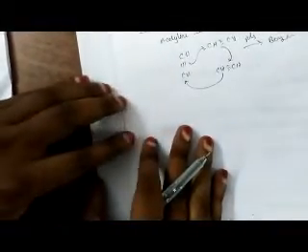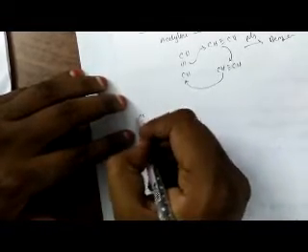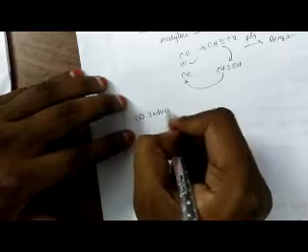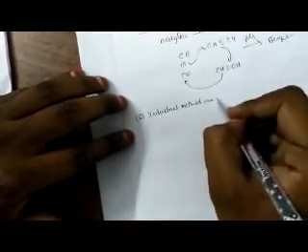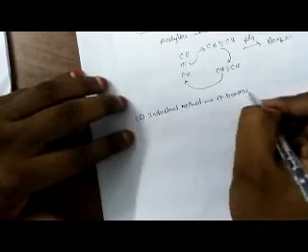The most important method of preparation of benzene is the industrial method, which is from N-hexane. This is the method generally employed nowadays to prepare benzene on a large scale in industries.